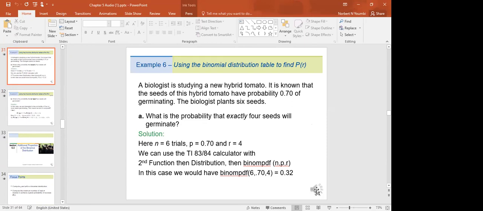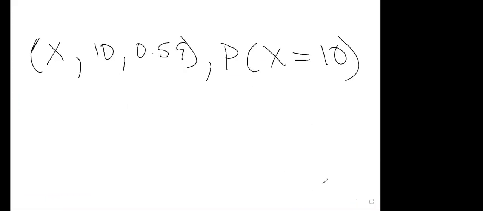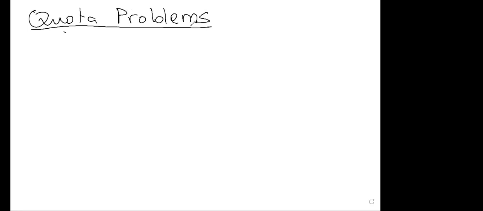So the question in the quota problem is to find the number of trials so as to achieve a certain number of successes.